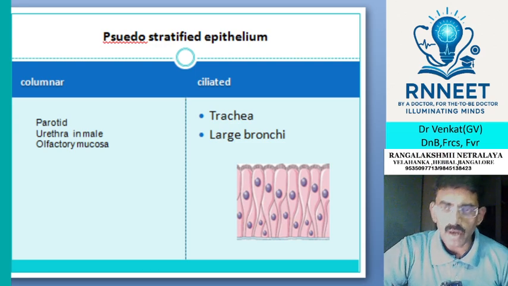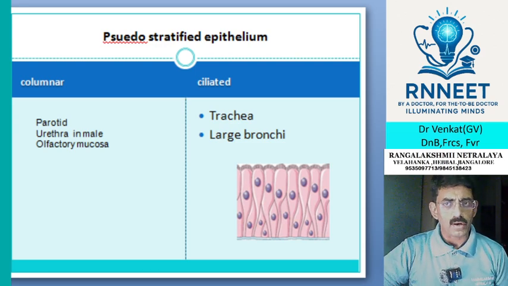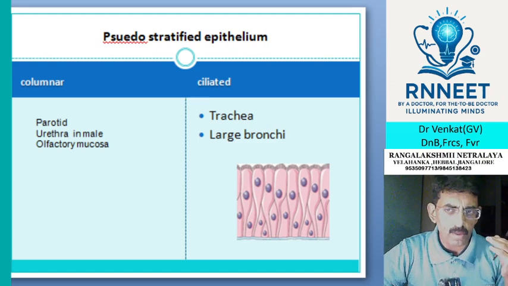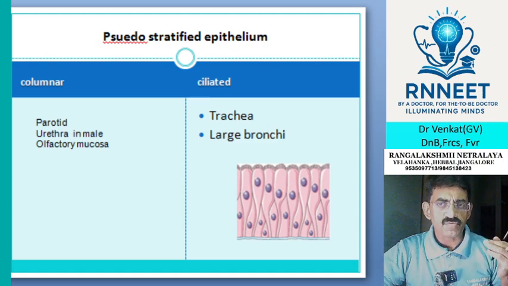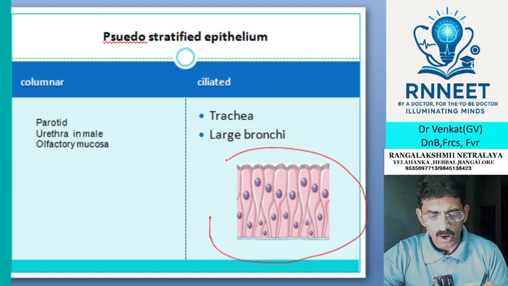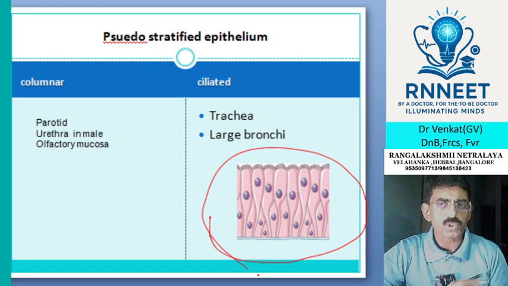Now we come to the other part, which is called the pseudostratified. We saw that sometimes you can have different layers in the tissues, but there is one particular kind of epithelium which doesn't really have different layers, but appears to have them. That is called the pseudostratified.